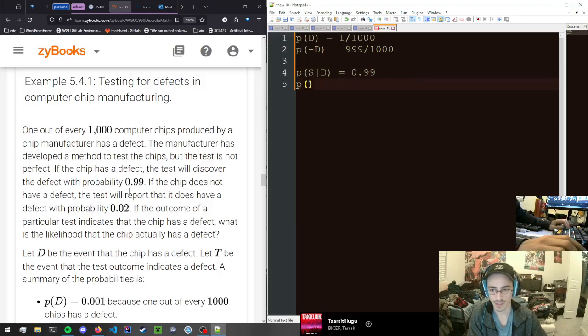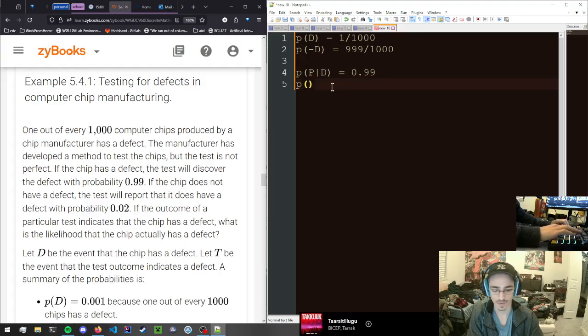I'll put P for positive. So it returns positive with 99% accuracy chance if it actually does have a defect.